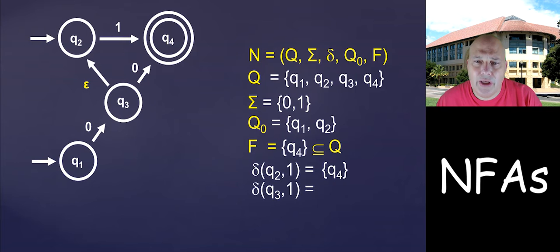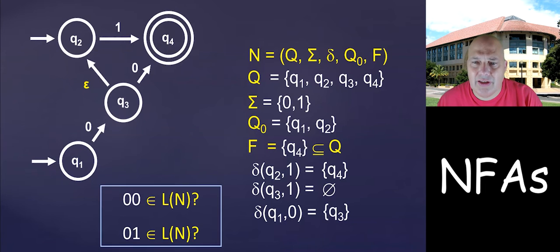Delta of Q3 and 1, what can you do? You cannot do anything. With 1, there is no transition, so you reach the empty set of states. Delta of Q1 and 0 contains Q3, and so on and so forth.